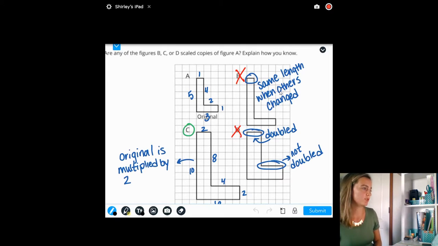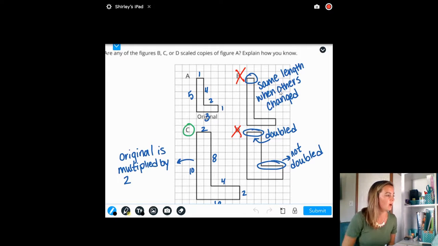Circle which one you think it is, and then make sure you also have an explanation. If you're doing some math work and you have a bunch of numbers in your calculations, that can count as your explanation. You can explain using numbers, but just make sure you are explaining. Awesome. A lot of you that have this submitted already are right on it. You're on the ball.